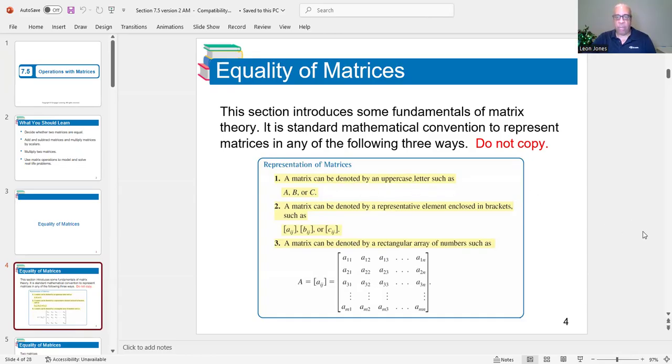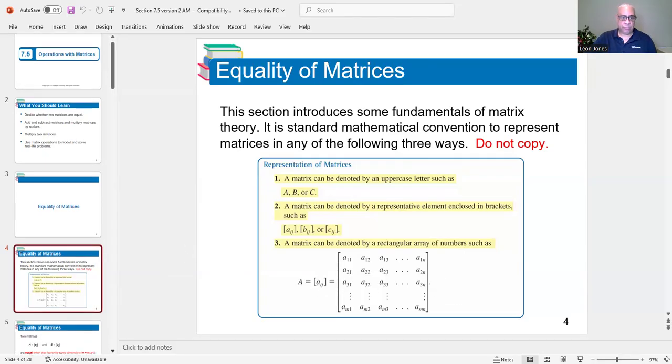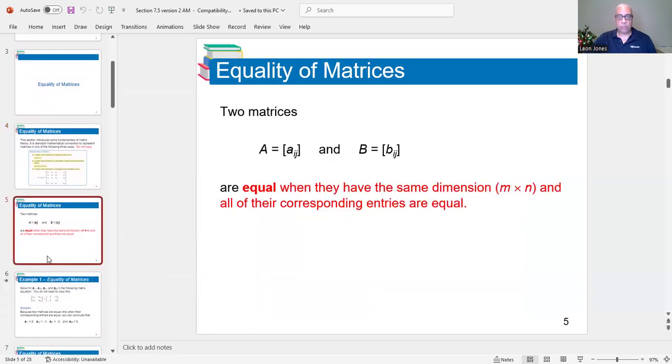Well, a matrix can be denoted by an uppercase letter such as A, B, and C. A matrix can be denoted by a representative element enclosed in brackets. That's basically what you see. And a matrix can be denoted by a rectangular array of numbers, such as what you have here. This is your matrix. That's what it looks like.